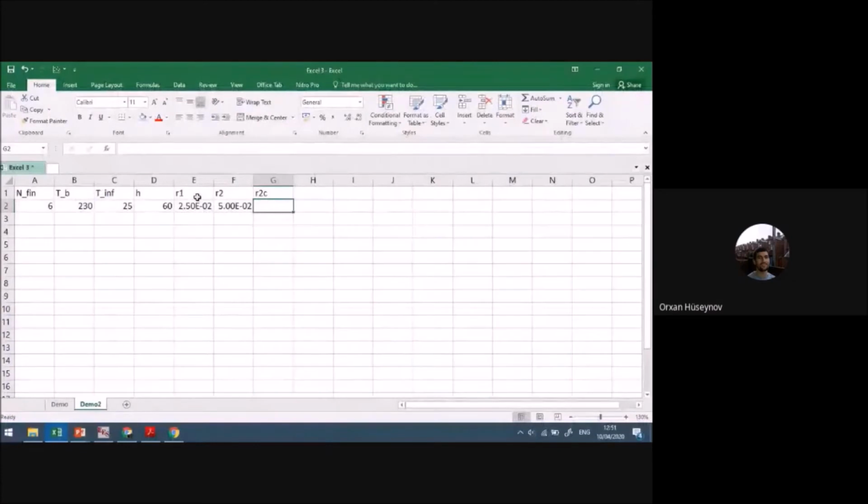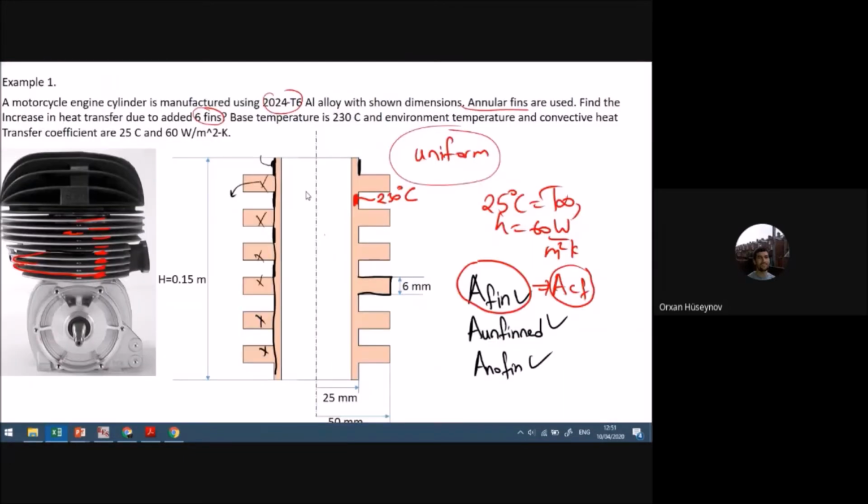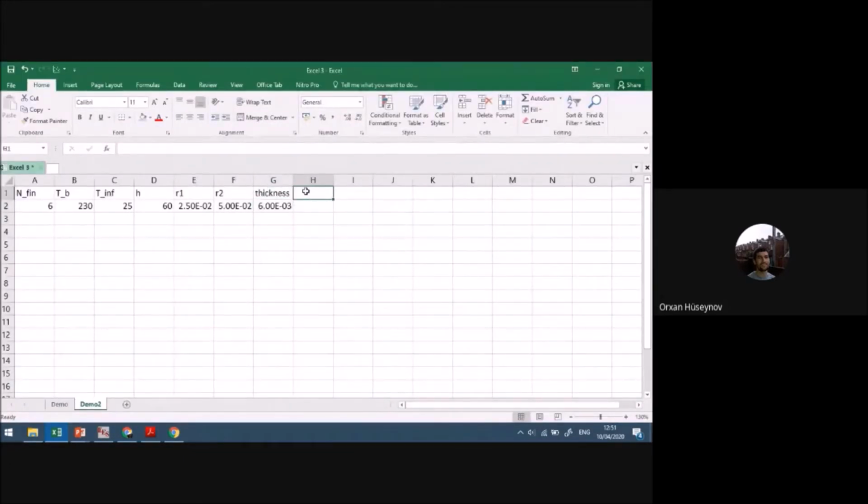R2C is R2 plus thickness. We have not written the thickness here. The thickness is 6 millimeters, and R2C will be equal to R2 plus thickness divided by 2. So it's the corrected length.